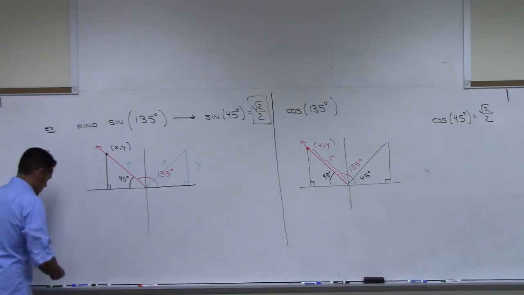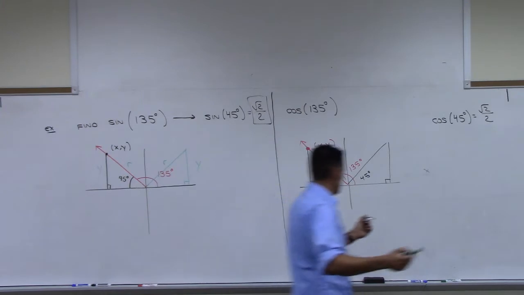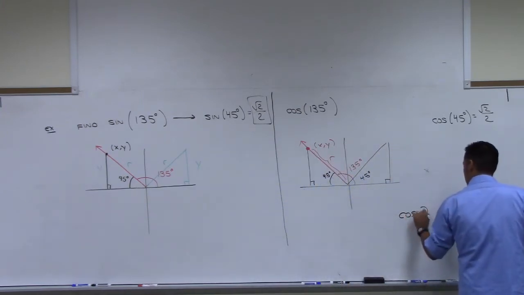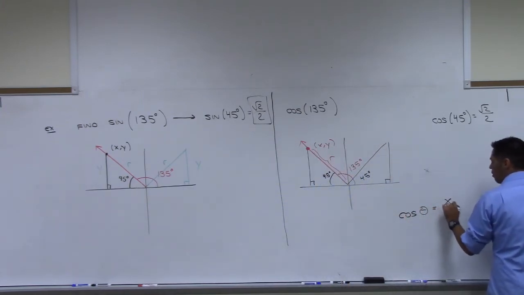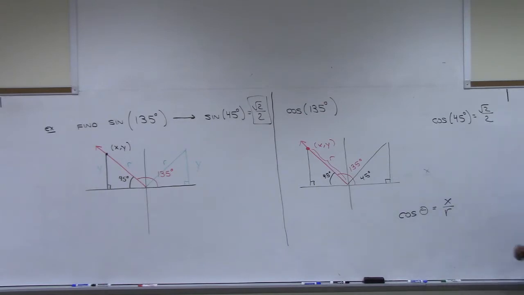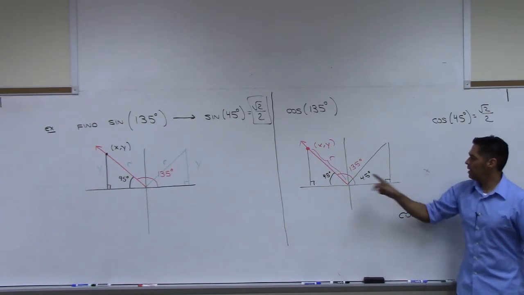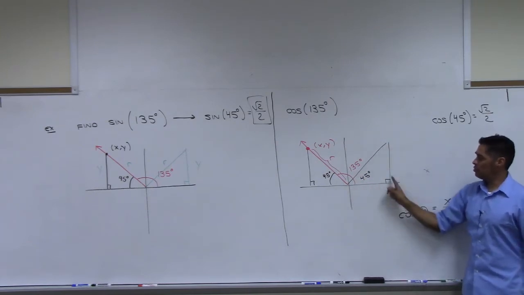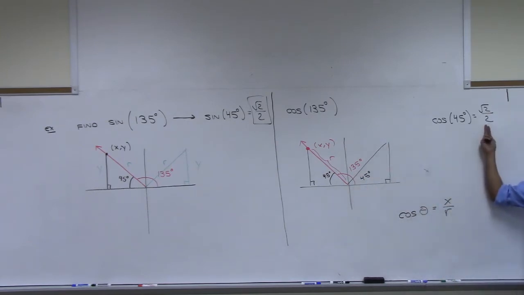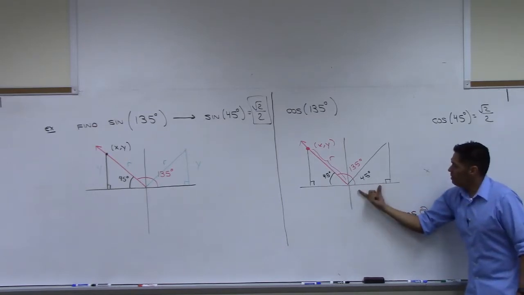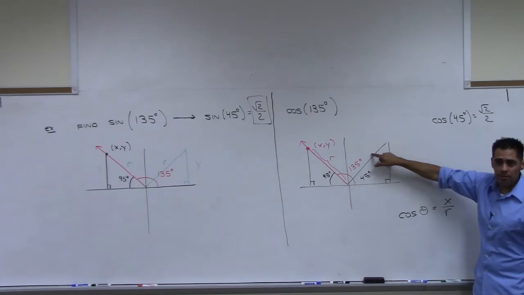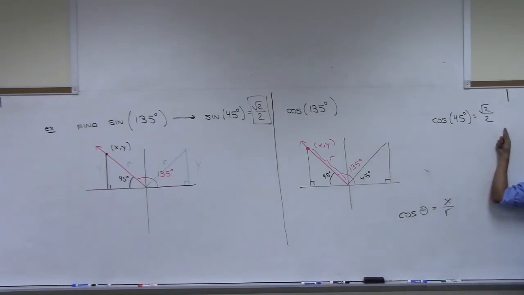By definition, cosine of an angle is x over r. Agreed? So when we're looking at cosine of 135, I said let's draw this triangle. If we drew this triangle, then our answer is root 2 over 2, and that would mean that this side over the hypotenuse is that number, right?